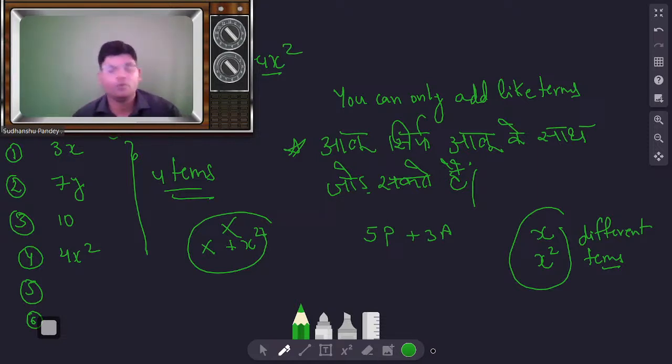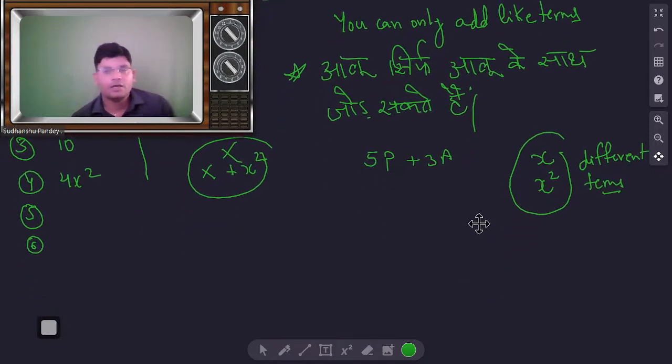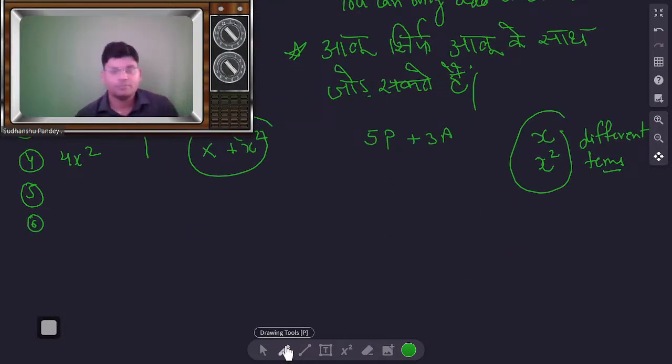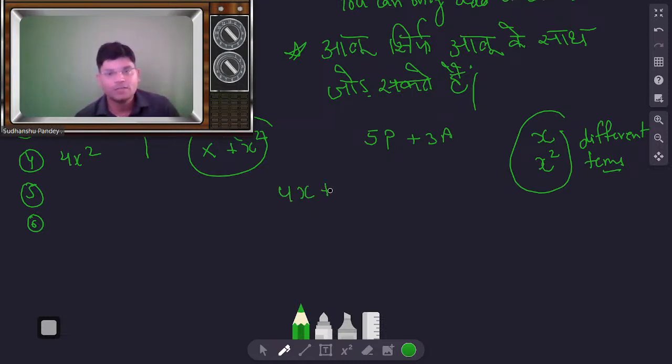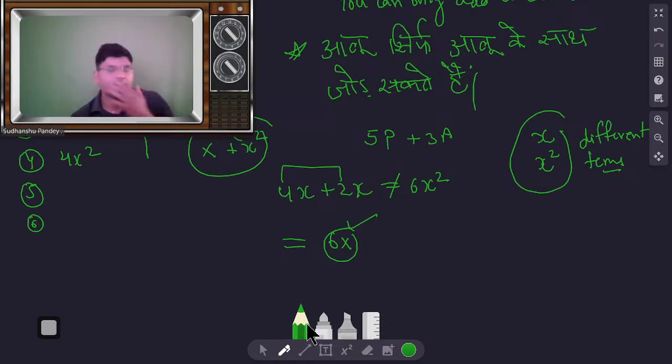And whenever we are going to add anything, addition is only done on the coefficient, which means you can only see that the coefficient part is being added. Suppose I say 4x plus 2x, they are not going to be 6x square. Only 4 plus 2 is going to be added and it will become 6x. Alright, so that means only the coefficient is being added.